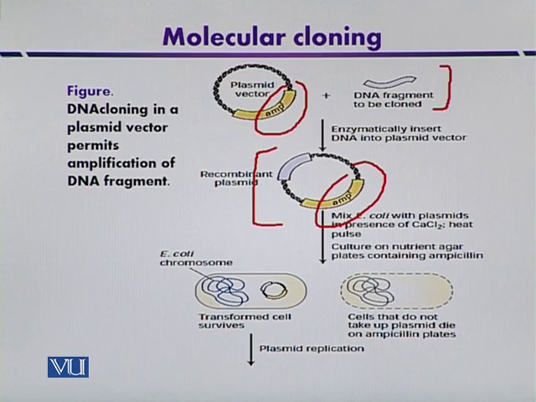And onward, we will transfer this recombinant vector into the host organism, which is a bacterium. So when the bacterium grows on the medium that is supplemented with ampicillin, only those transformants that contain our gene of interest will be able to grow there.